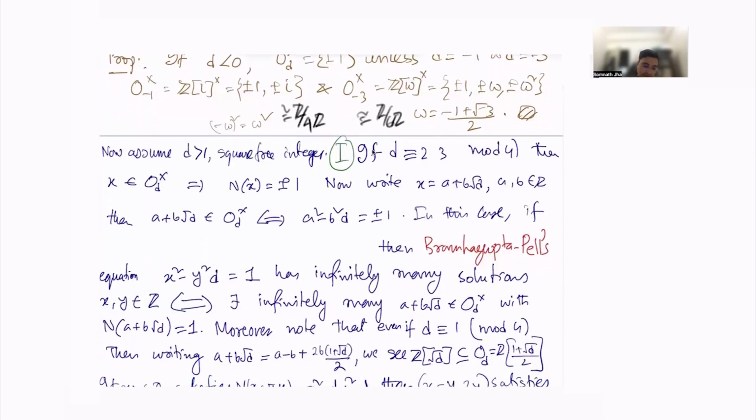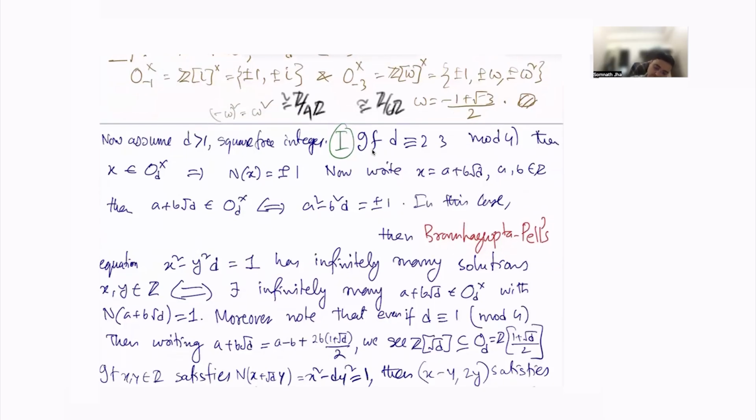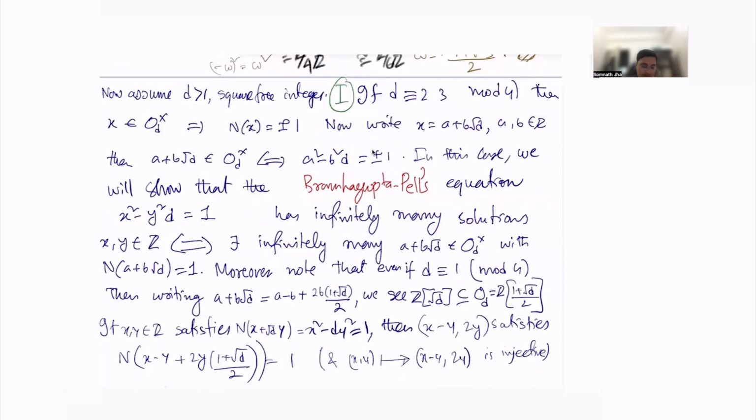If d is 2 mod 3, then we will show that the Pell's equation has infinitely many solutions in Z. So this is what we will show.